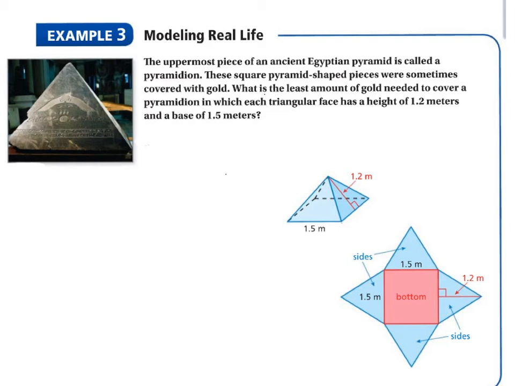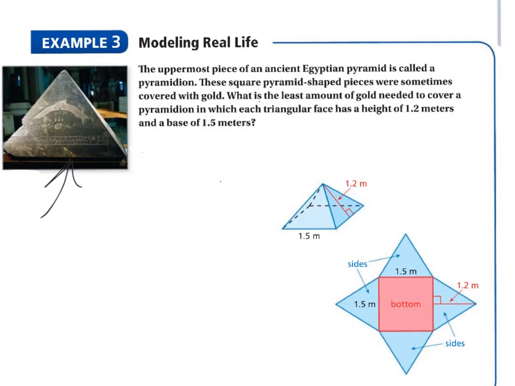So if I wanted to take this thing here and cover it with gold, top, bottom, sides, all that, with gold, what is the least amount of gold I would need to cover it? And then it's going to give us the dimensions of it.